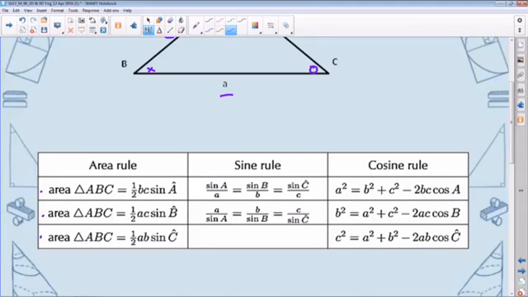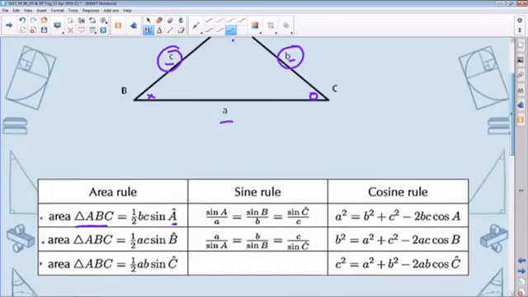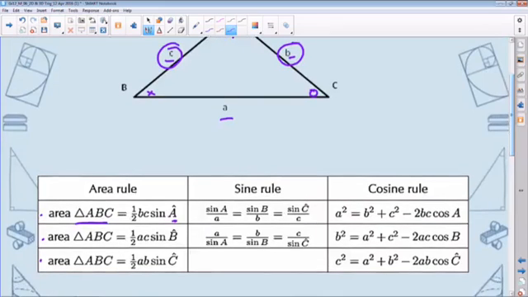So, for example, if I want to find the area of triangle ABC, and the angle that I'm given is angle A, and I've got sides b and c, then from the area rule, the formula says the area of triangle ABC will be a half the product of the two sides and the included angle, which is sine of angle A.